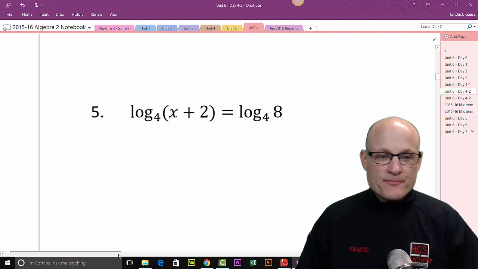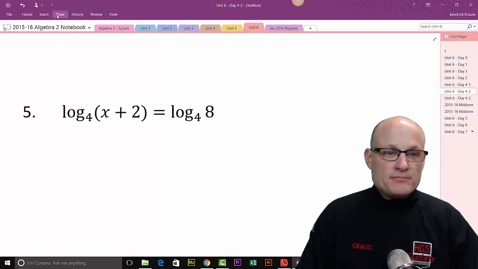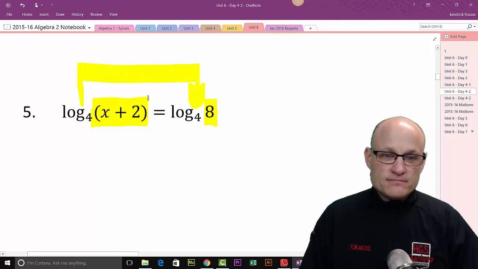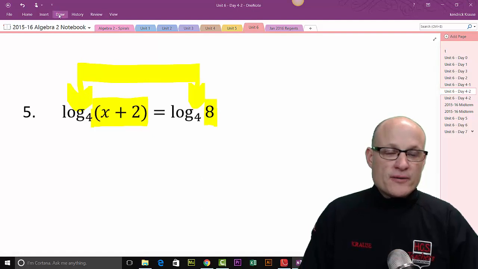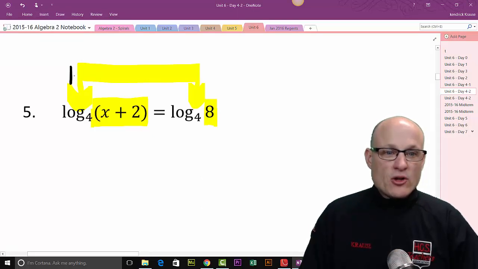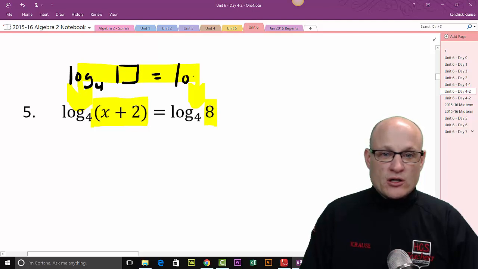All right, so here's another one. Here's a different kind of problem. So now you got to be able to go back and forth. This time I have a log equal to a log. Notice these logs are the same. So, for example, if I wrote log base 4 of something, you would say, oh, that's equal to log base 4 of the exact same thing.